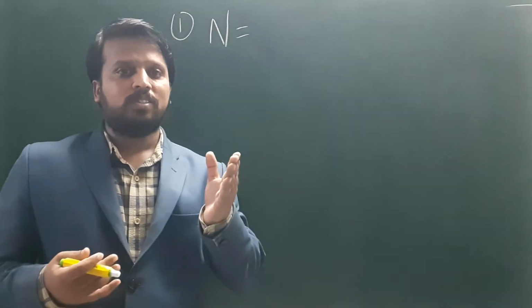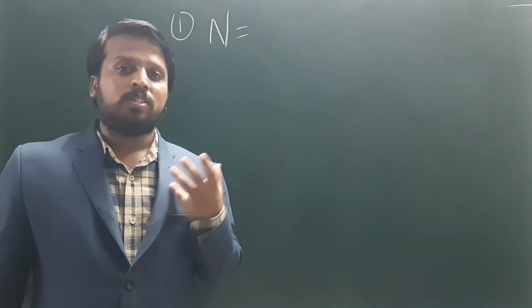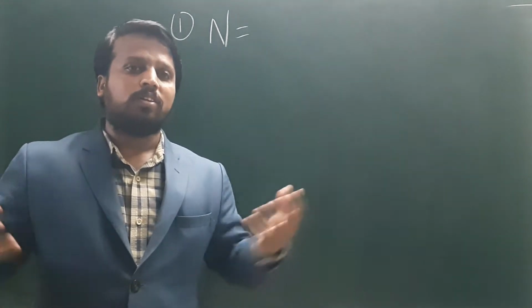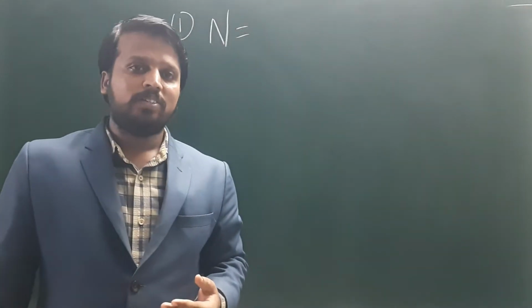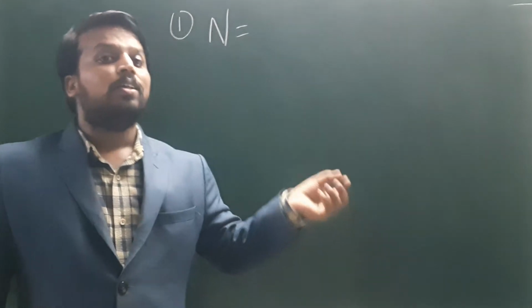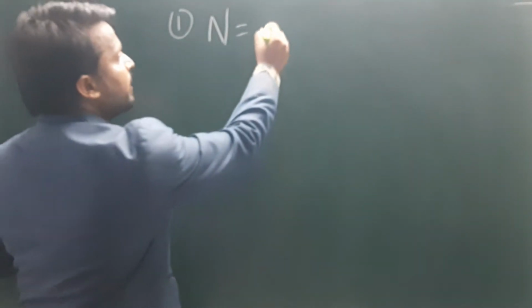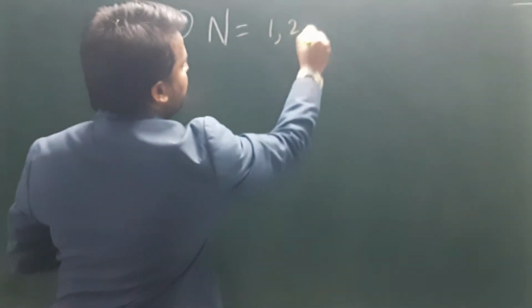From 1 onwards. If you want to count our class children, we start from 1, 2, 3, 4, right? Like that, the counting numbers we call natural numbers.